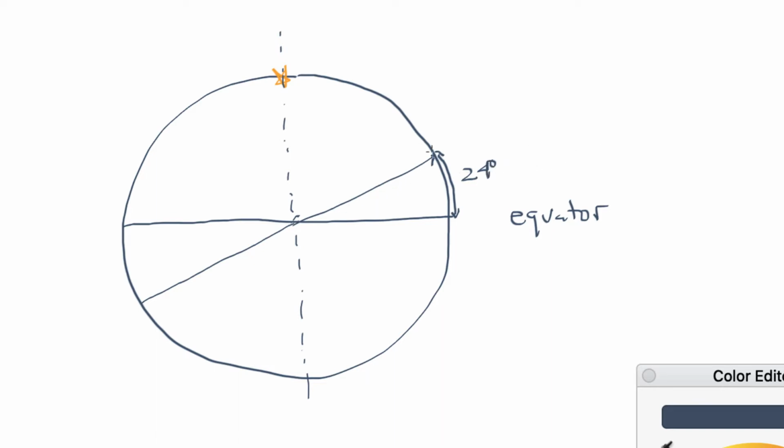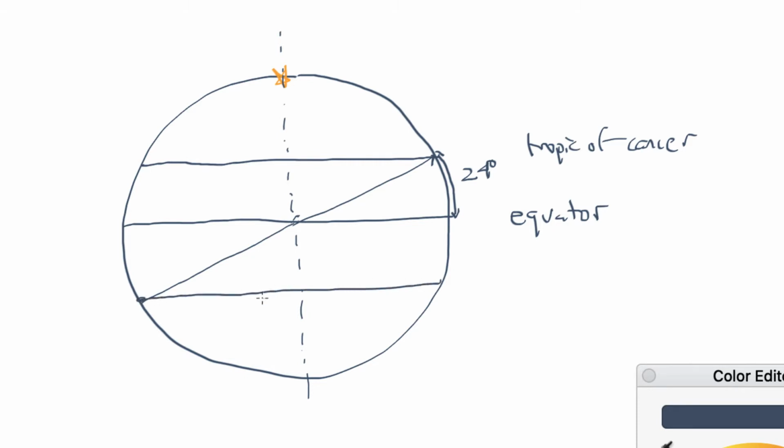And you might remember that if we draw this horizontal line across here, that would be the Tropic of Cancer, of course, because it goes through the first point of the constellation Cancer. And if we were to draw another straight line across right here through this bottom of the ecliptic, that would be the Tropic of Capricorn.